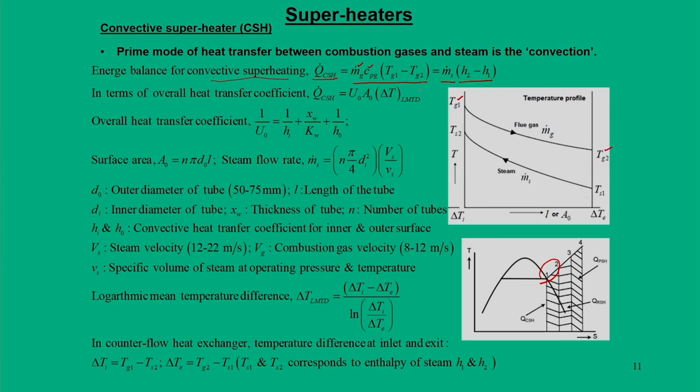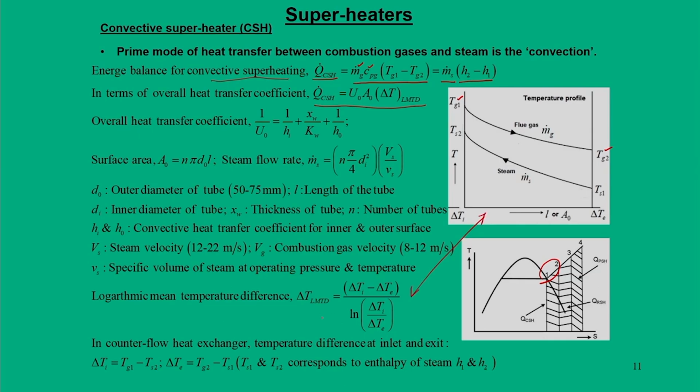This is one aspect. Now, with respect to the superheater unit, this can be modeled as QCSH equal to U0 times A0 times delta T LMTD. LMTD is nothing but the logarithmic mean temperature difference, and we refer to a counter flow heat exchanger using this figure.